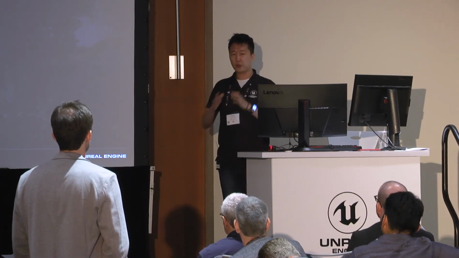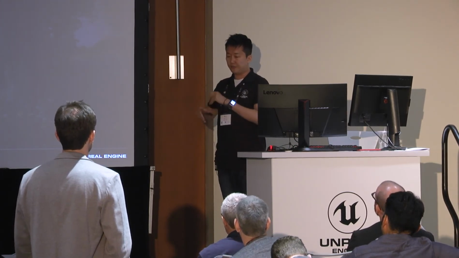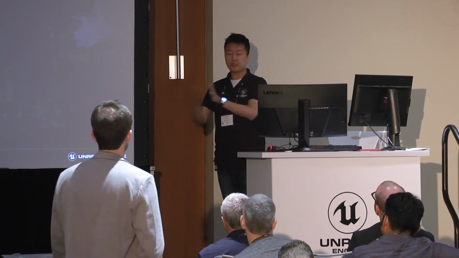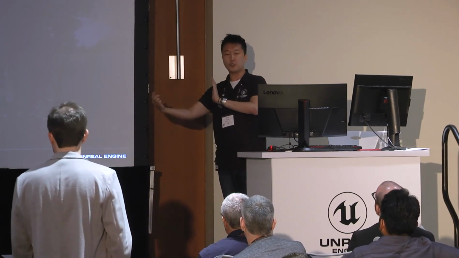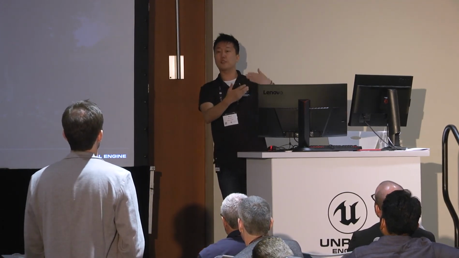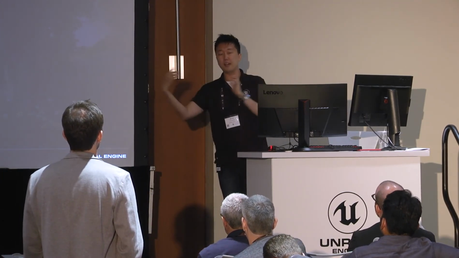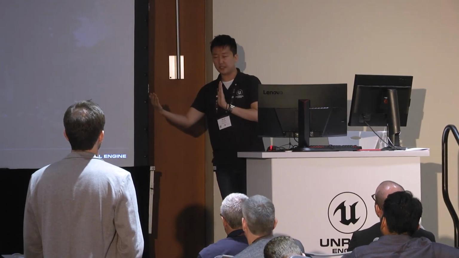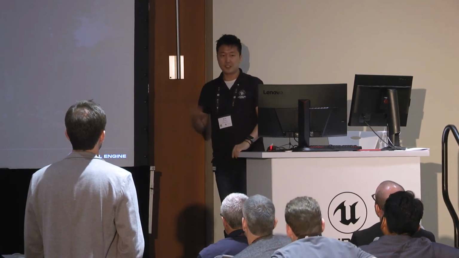Yes, that's correct. The question was, if something looks incorrect, do I go back to tweak the direct light, which is the sunlight, to make sure that the scene is correct? The answer is yes.